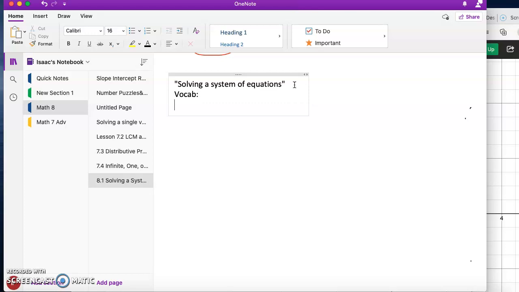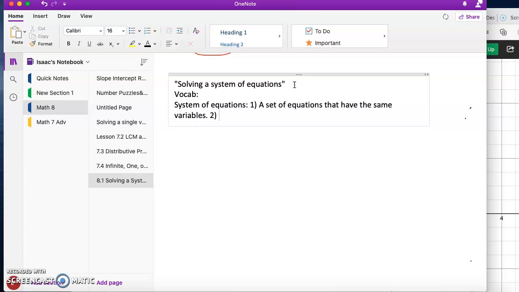For starters, when you solve a system of equations, what is a system of equations exactly? So our vocab term is going to be system of equations. And we're going to have two definitions. One, the textbook way of thinking of a system of equations is a set of equations that have the same variables.